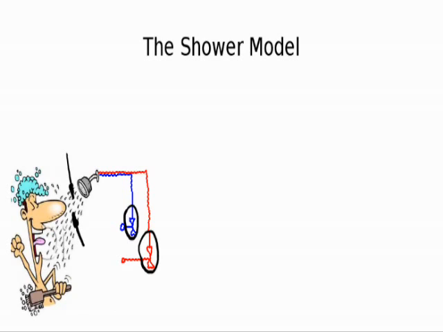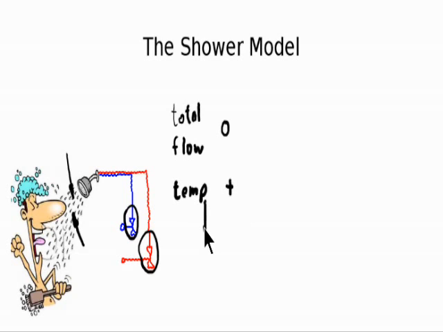Let's say Charlie wants to keep the total flow constant, and we write a 0 there to indicate he wants to keep that constant, and he wants to increase the temperature. We make a plus there to indicate he wants to increase the temperature.